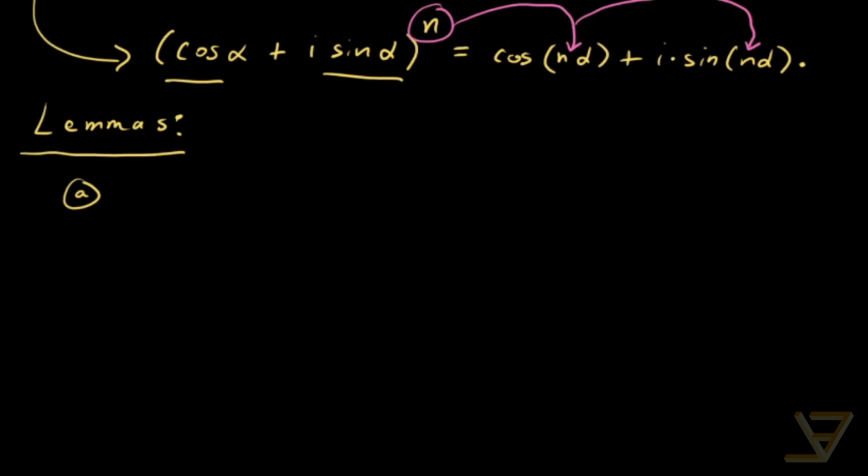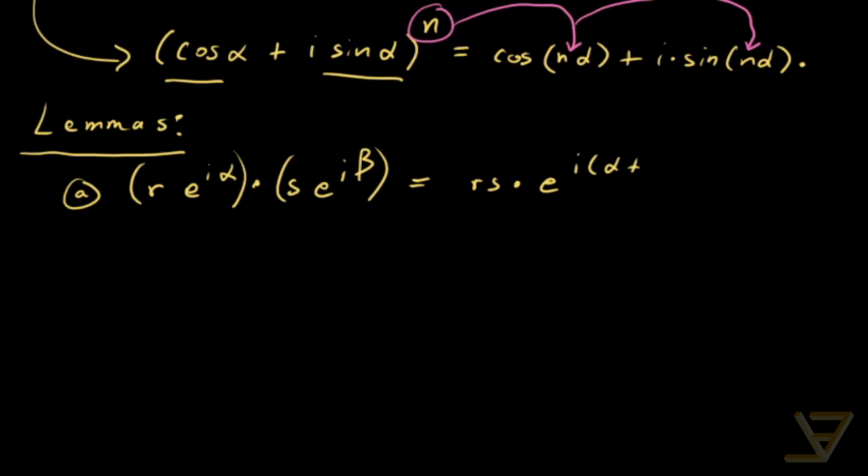So the first thing is that r times e to the i alpha times s times e to the i beta, so we have two complex numbers, is equal to rs times e to the i (alpha plus beta). This is a standard exponent rule and you can prove it using the addition identities for sine and cosine.